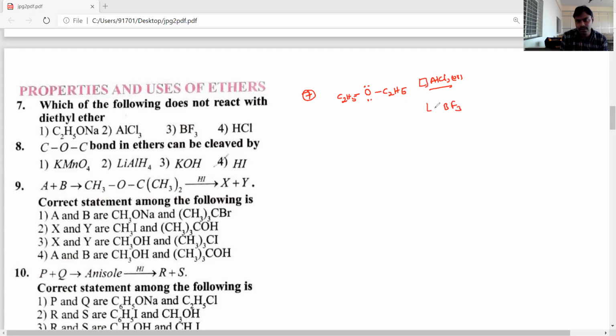The oxygen with lone pair electrons is a Lewis base, so it can form a product with either AlCl3 or BF3. So with AlCl3 and BF3, the reaction is possible.